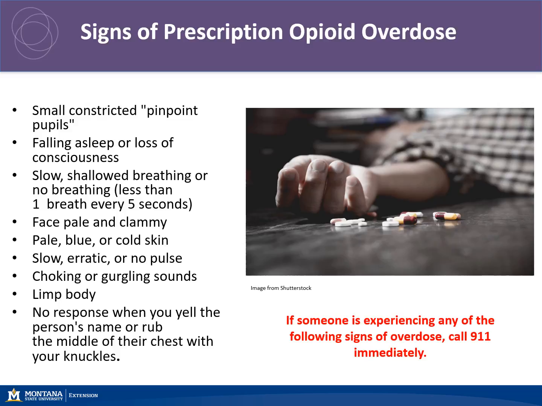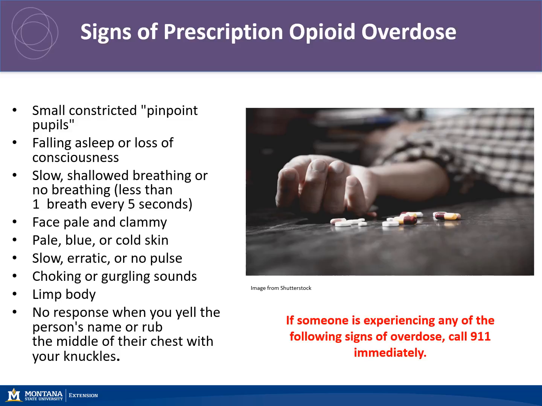Signs that someone is experiencing prescription opioid overdose include small, constricted, pinpoint pupils, falling asleep or loss of consciousness, slow, shallow breathing or no breathing, less than 1 breath every 5 seconds, face pale and clammy, pale blue or cold skin, slow, erratic or no pulse, choking or gurgling sounds, limp body, no response when you yell the person's name or rub the middle of their chest with your knuckles.